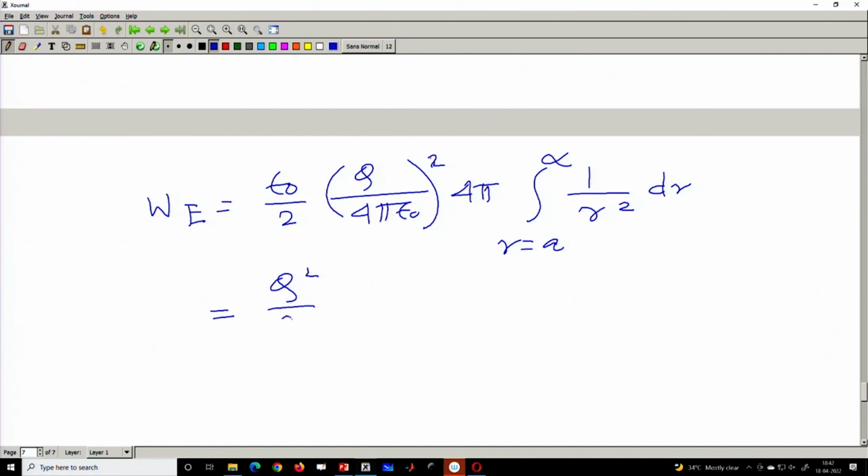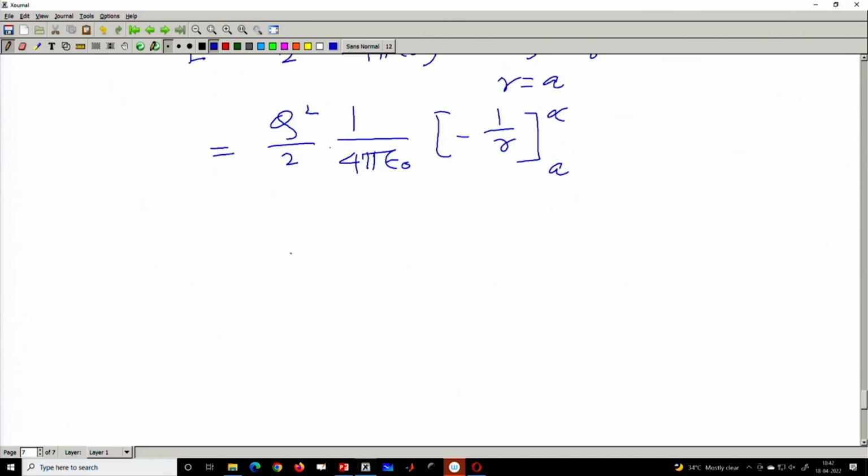So, it should be q square by 2, then 1 by 4 pi epsilon 0, and then this quantity is minus 1 by r, from A to infinity.